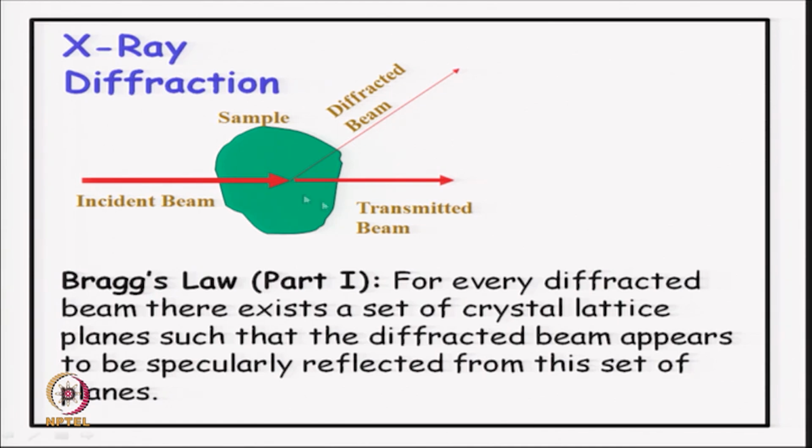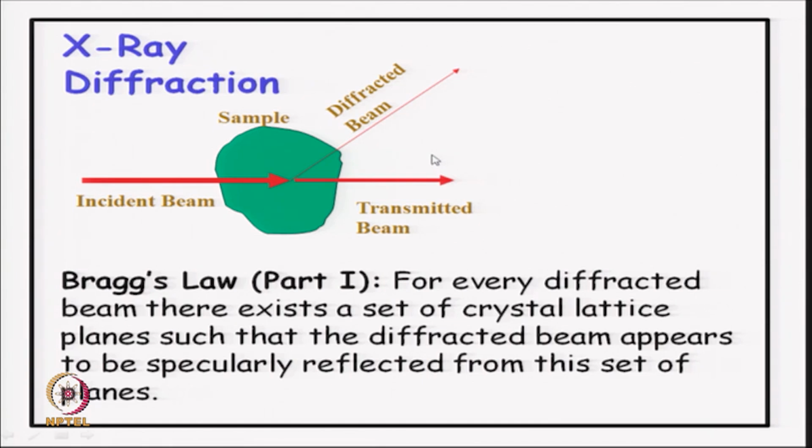So, although atoms are interacting with the incoming X-ray and creating a diffracted beam, the end result can be interpreted, according to Bragg, as a reflection from a crystal lattice plane.